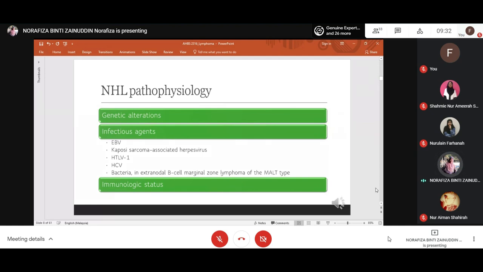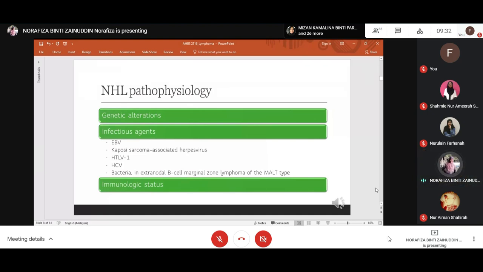Nearly 100% of endemic Burkitt lymphoma and 40% of sporadic cases involve EBV infection. And also Kaposi sarcoma associated herpes virus is found in association with lymphoproliferation, and there is involvement also of HTLV1, as in ATLL too, and the involvement of hepatitis C virus with splenic lymphoma, and involvement of bacteria in extranodal B cell marginal zone lymphoma and also MALT lymphoma.